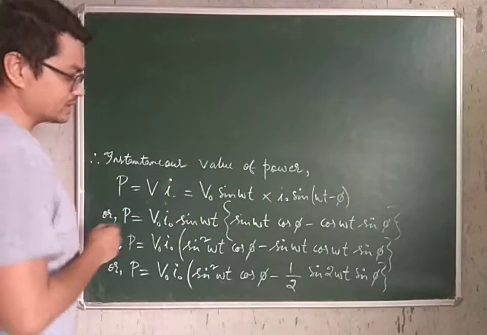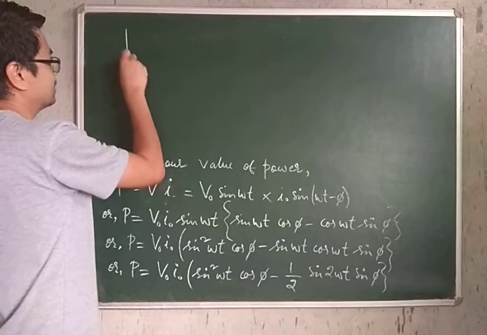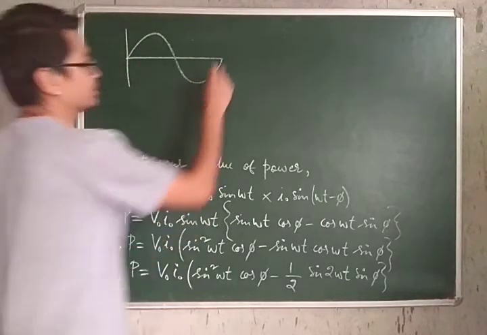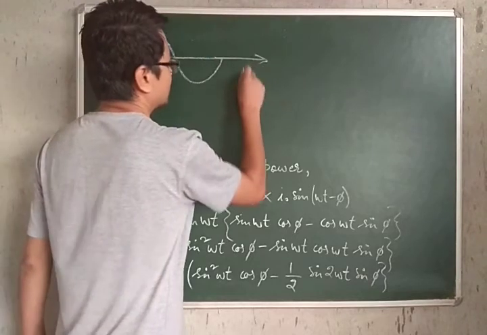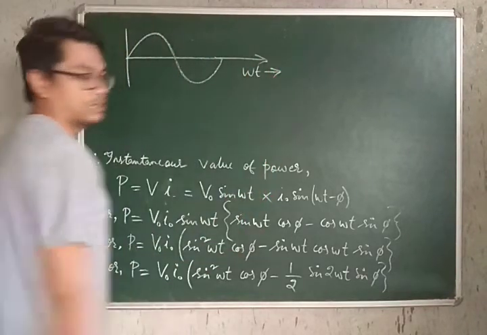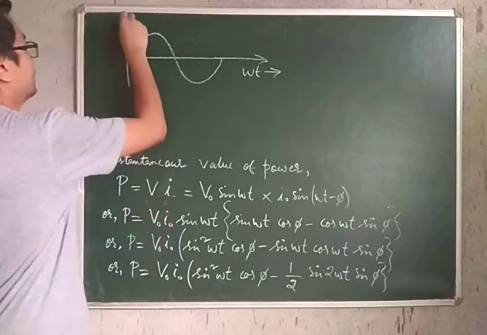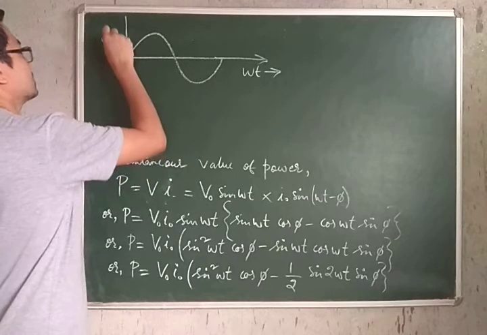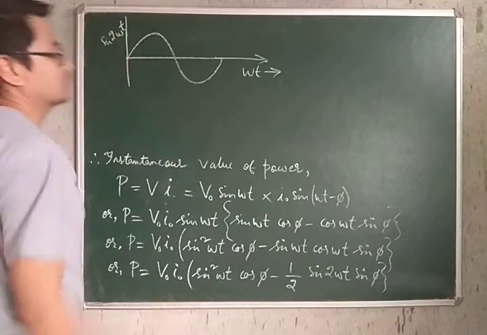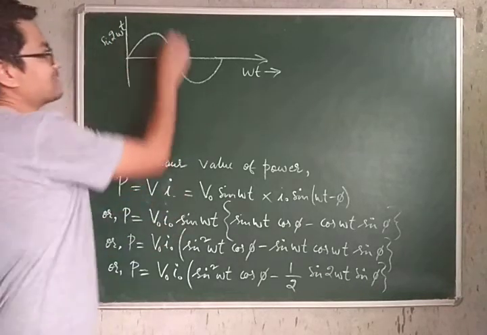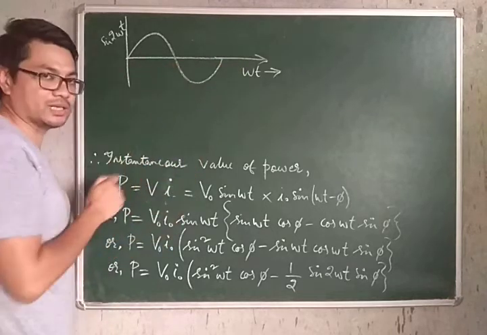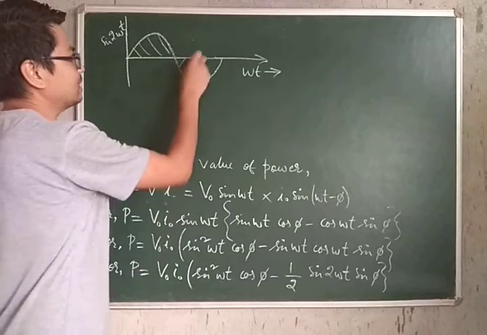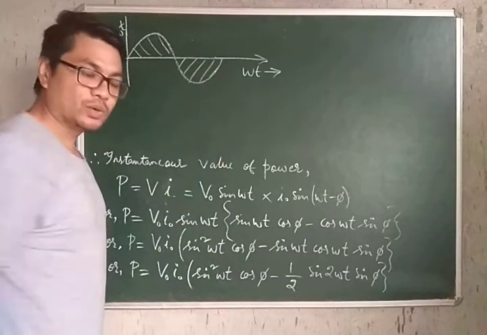Okay, now we consider one complete cycle of alternating current. We are plotting omega t along the x-axis, the phase angle, and this is the variation of sin 2 omega t. For one complete cycle of alternating current, we see that the upper half is exactly equal and opposite to the lower half.